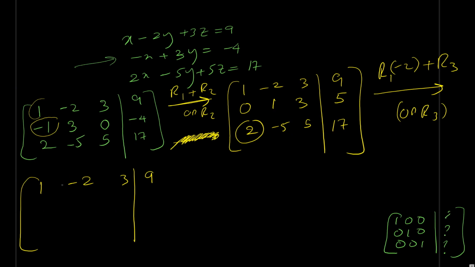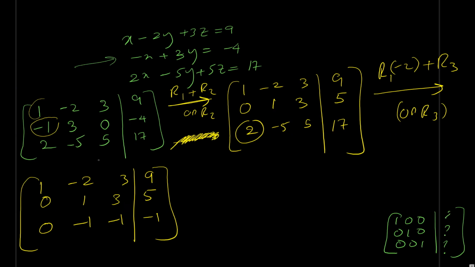And I don't change the second one, and the last one, so negative 2 times 1, negative 2, 0, and negative 2 times negative 2, 4, plus negative 5, I get negative 1, and negative 2 times 3, I get negative 6, and negative 6 and 5, I get negative 1, and negative 2 times 9, negative 18, plus 17, I get negative 1.